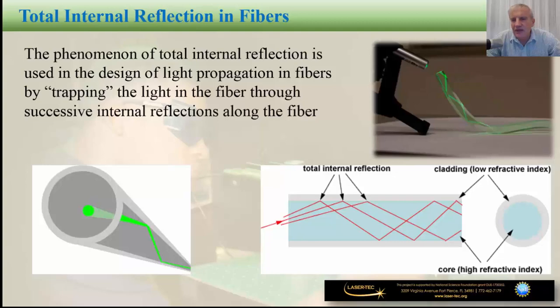The way the light is contained within the optical cable is the phenomenon of total internal reflection that we explained in the previous few slides, and also show on this slide.